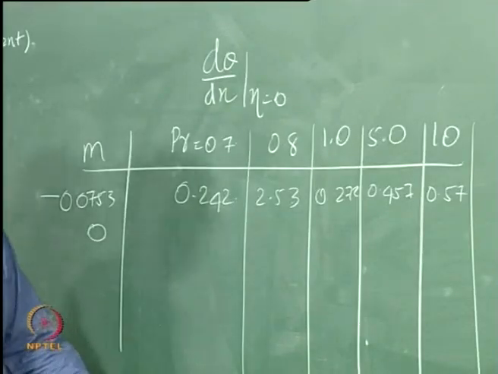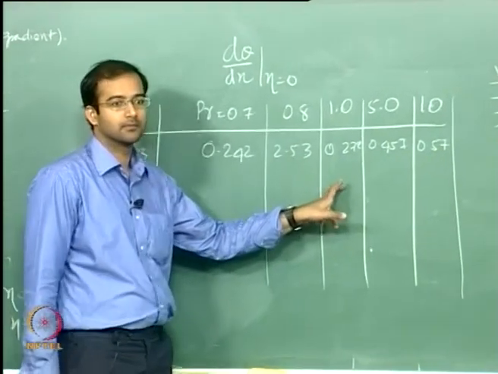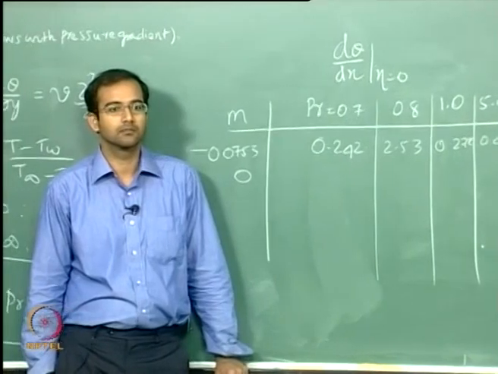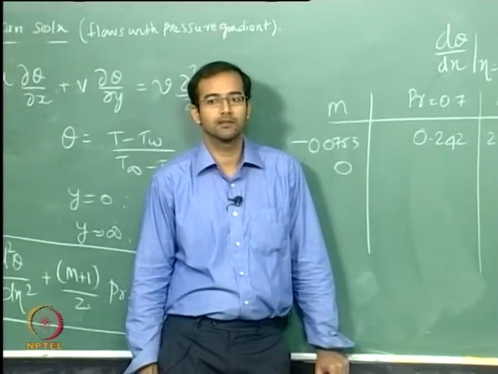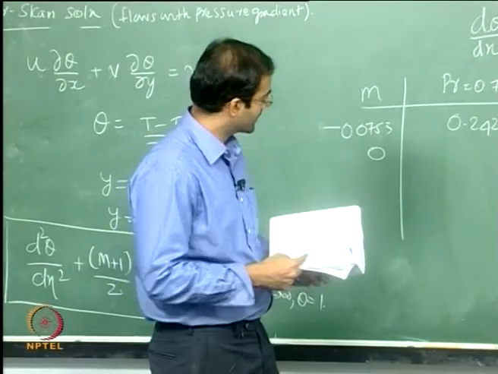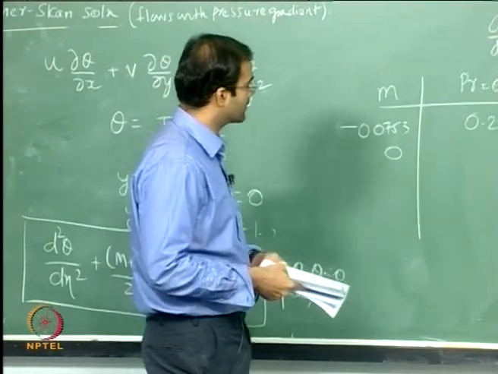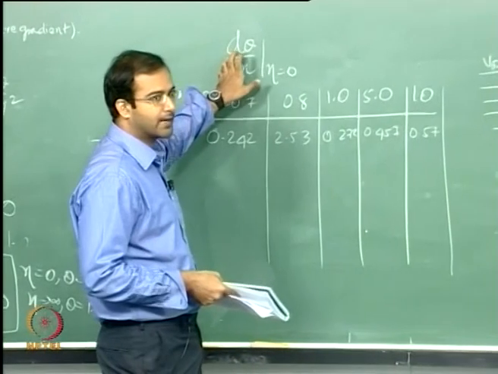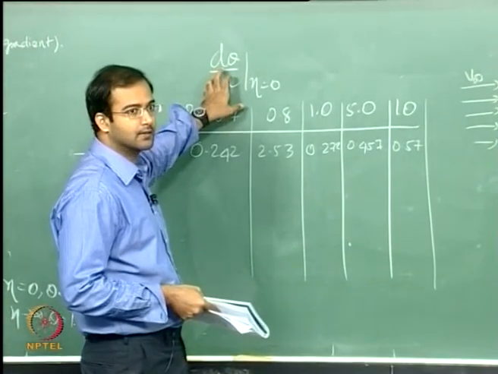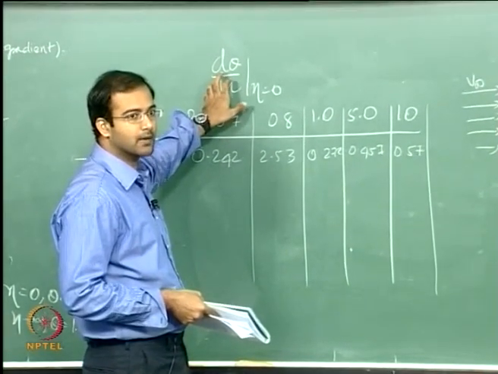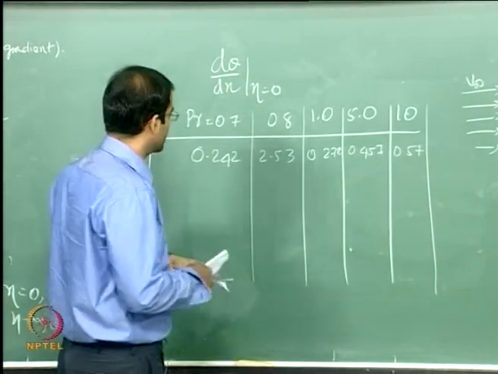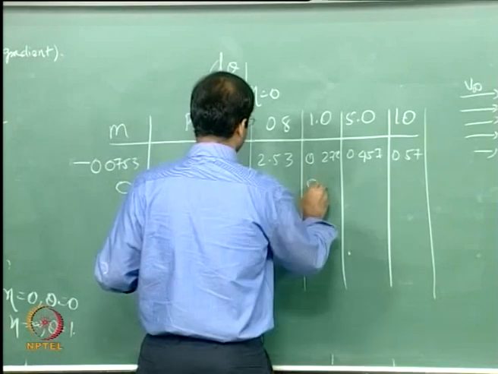So for Prandtl number of 1, what should be the value? 0.332. Why? Because for the case where your Prandtl number equal to 1, the velocity and the temperature profile should be identical. So the curvature d square f by d eta square should be exactly equal to d theta by d eta. So this should be 0.332.